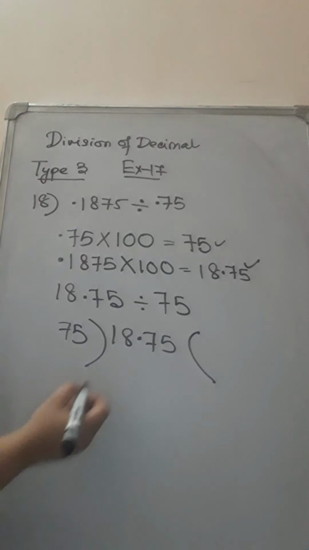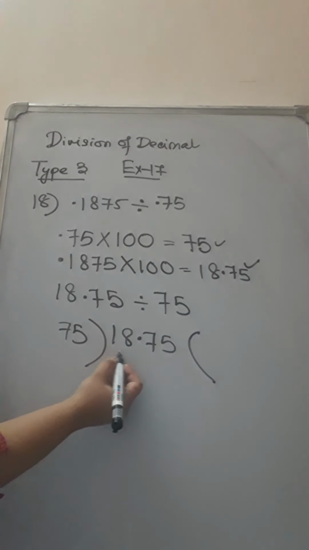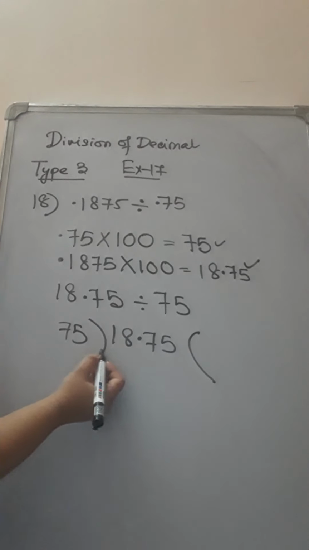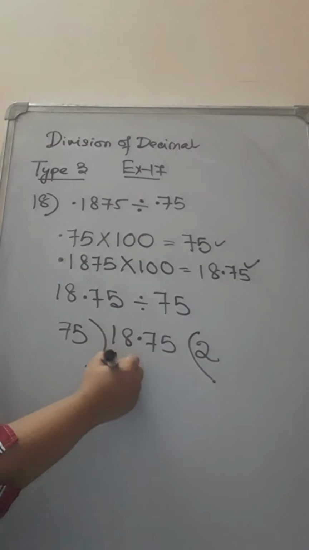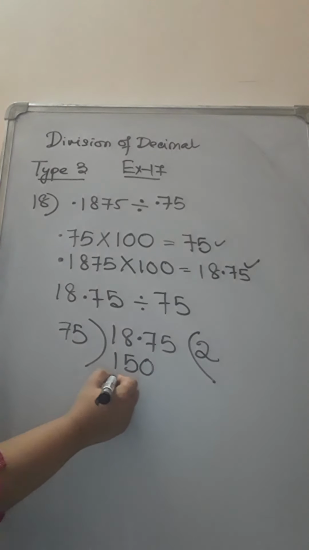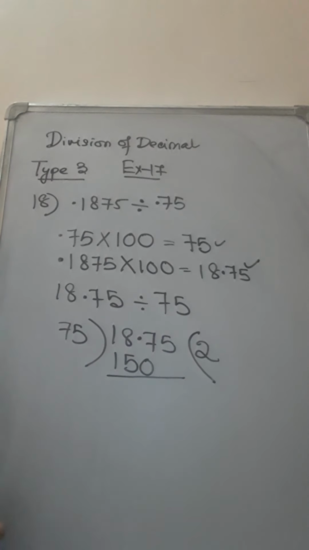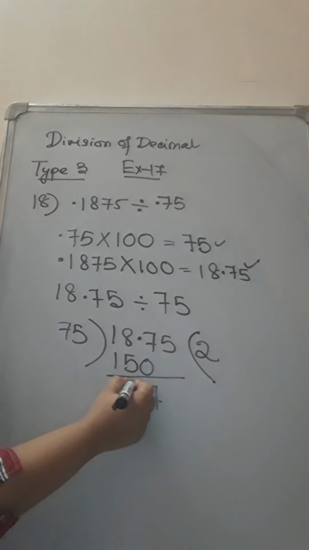So 75 cannot divide 18, so we have to take 187. 75 twos give you 150, and the next multiple will be greater than 187. So I can take 75 twos, 150. The remainder is 37.